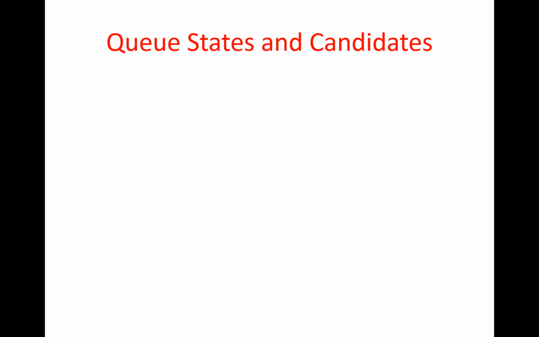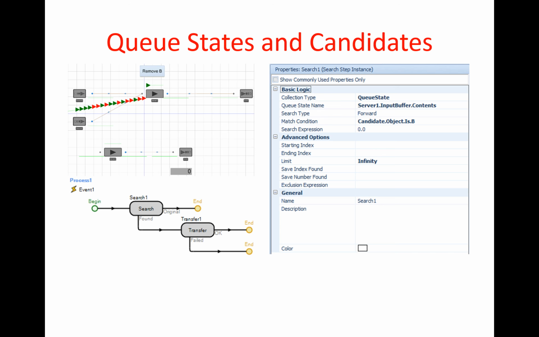And finally, as promised, I'm going to talk about queue states and candidates in more detail. In our model, we are searching in a queue, and for the collection type property, we chose queue state. A queue state is essentially a list of objects or tokens.